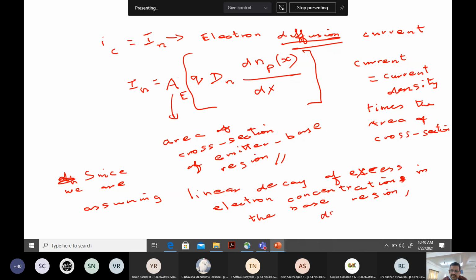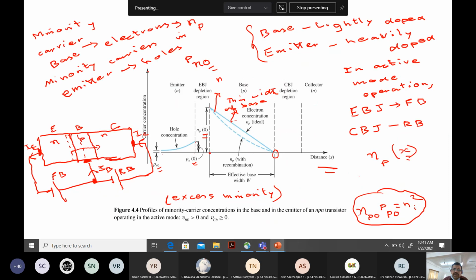So dnp(x)/dx will be nothing but, dx is the width, dnp is a decay, so you will have a negative sign, np(x). At this point it is 0, at this point it is np.